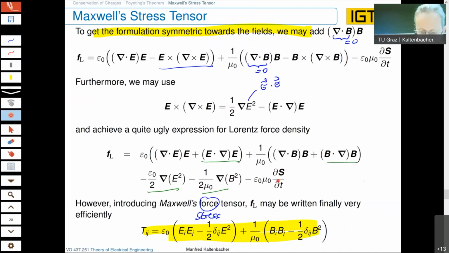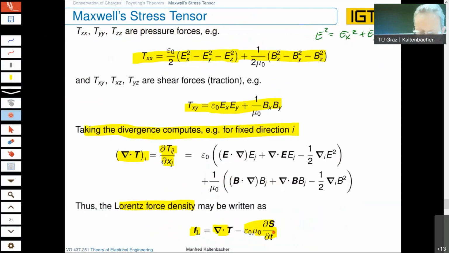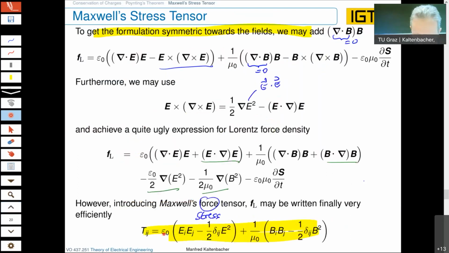Yeah, this is the additional term which pops out also here. Yeah, but this ugly term with all the nabla operators and all the different variants operating on E as well as B is really ugly, and gets quite nice when you use this index notation.